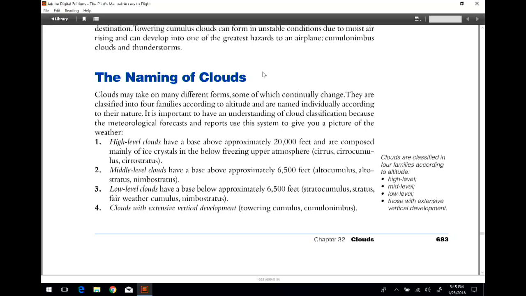So we look at this, and a lot of times the way that we name clouds has to do with the level at which you might find them. For instance, high-level clouds are going to have bases at approximately 20,000 feet. Remember, guys, that any altitude at 24,000 feet or above is always going to be frozen.